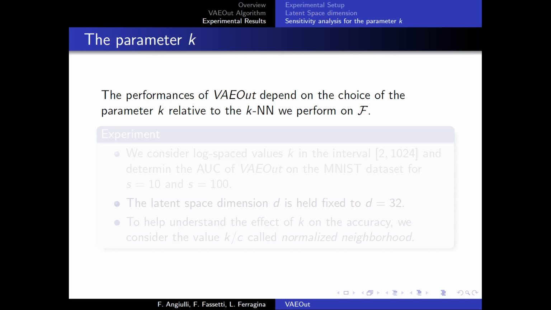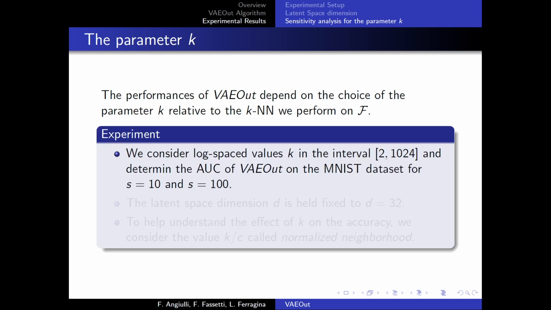The performances of our algorithm depend on the choice of the parameter k relative to the k nearest neighbor we perform on F. In order to investigate the impact of this parameter, we build the following experiment. We consider log space values of k in the interval to 1024 and determine the area under curve of our algorithm on the MNIST dataset for s equal to 10 and s equal to 100.